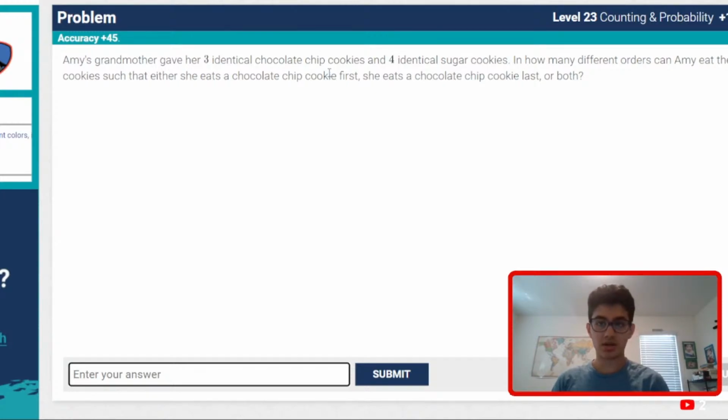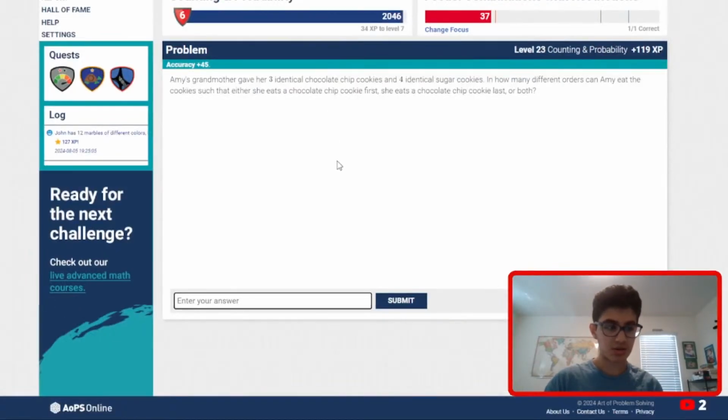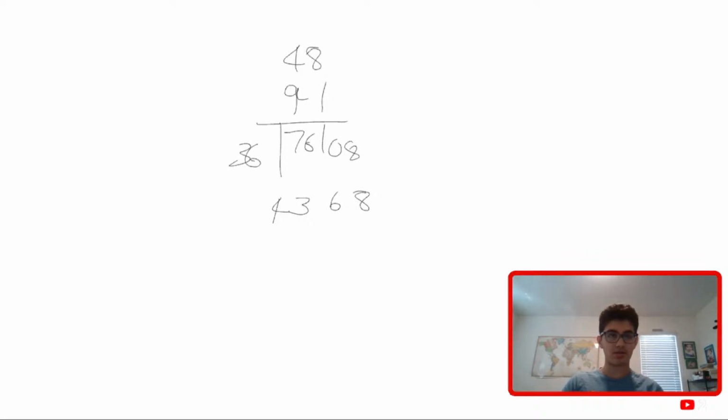We'll have to do some casework here. There are three chocolate chip cookies and four sugar cookies. So either you put the first one, a chocolate chip cookie, in front, right? Then you've got six things left, and they're four and two.